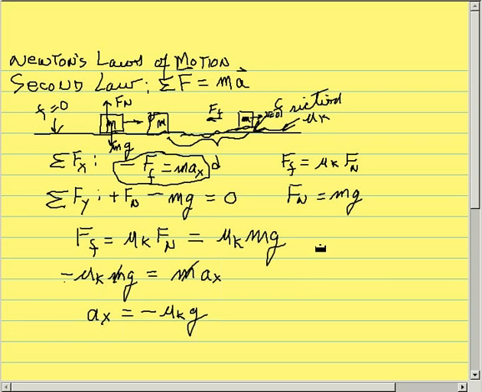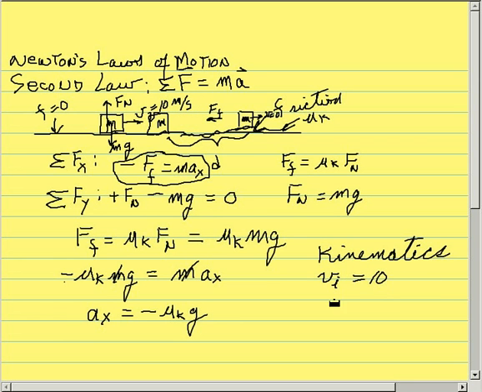Now from kinematics, we know that there are equations that relate acceleration and speeds and so on. So let's write down what we know in this situation. We know that the initial speed is 10 meters per second.